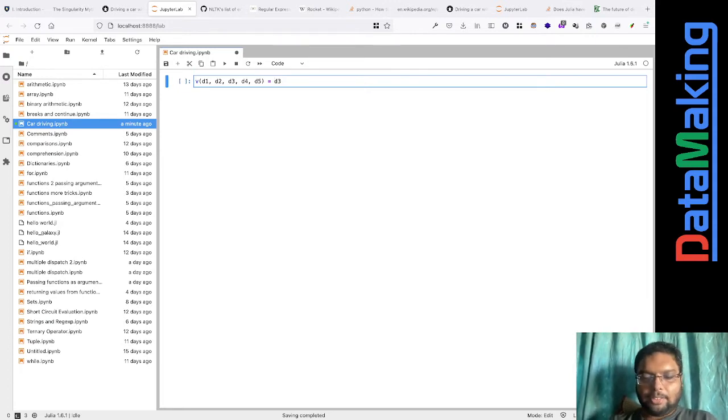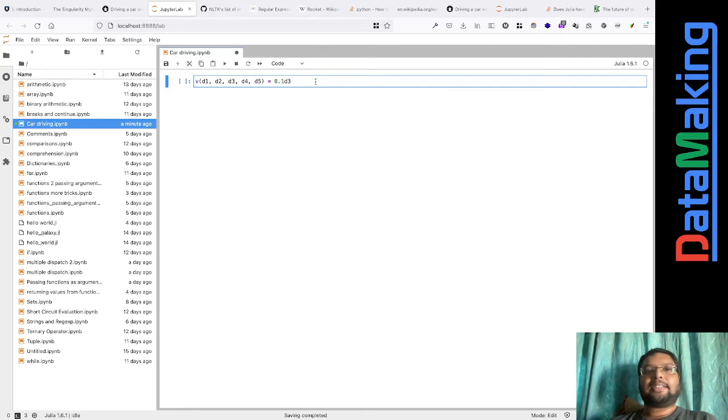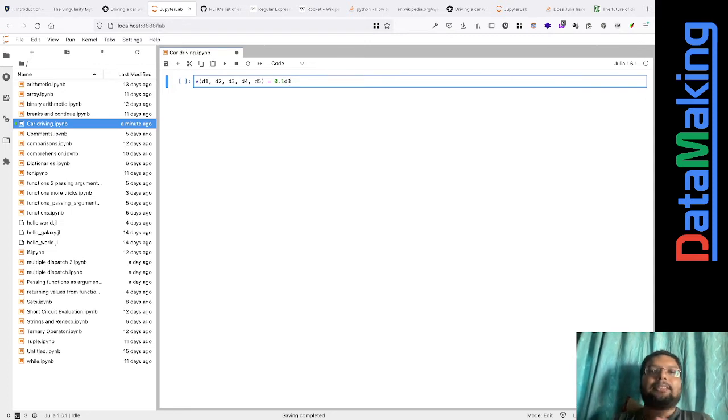If the distance between the car and the barrier is 10 meters, the car velocity will be 1 meter per second. So it'll take at least 10 seconds to crash near the barrier.